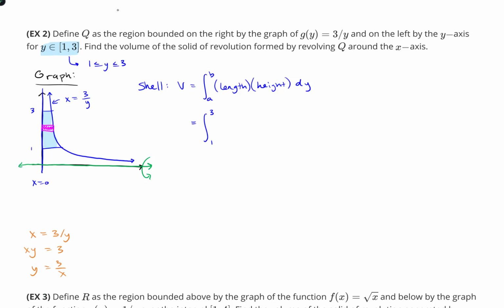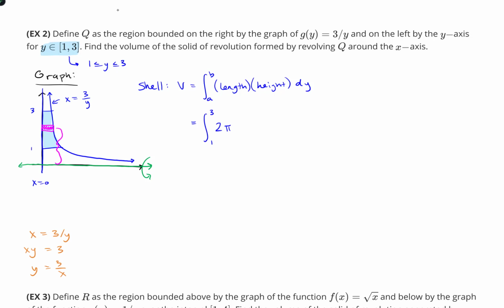The length of one shell is the circumference of the circle that each rectangle draws. So a circumference is defined by taking 2 pi times a distance, and it just so happens, of course, and I've already mentioned this, but I'll say it again, the distance from the axis of rotation, that is the radius of the circle.